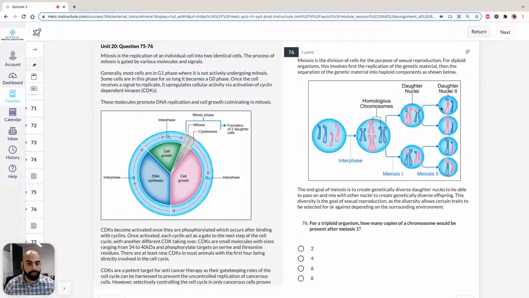So you get four daughter cells that are not identical, as opposed to two identical daughter cells in mitosis. In mitosis we produce diploid cells, whereas in meiosis we produce haploid cells: one set of chromosomes, whereas diploid has two sets, one from your mother and one from your father.